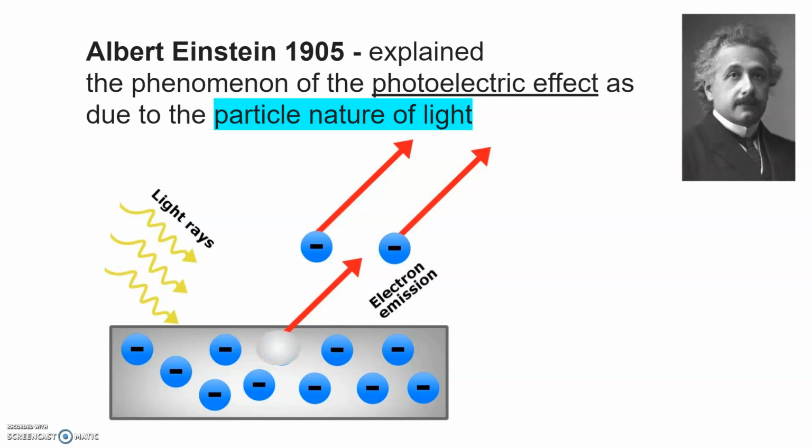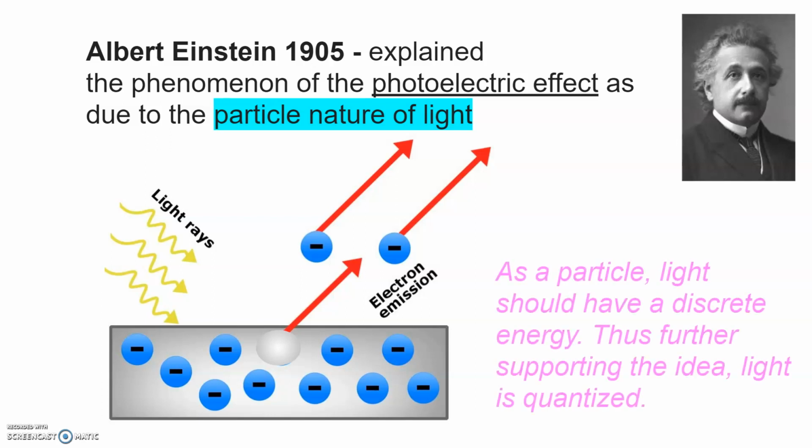Electrons will be ejected from the surface of the metal. So how does this relate to light being quantized? Well, as a particle, light should have a discrete energy. So the photoelectric effect also supported the idea that light is quantized.